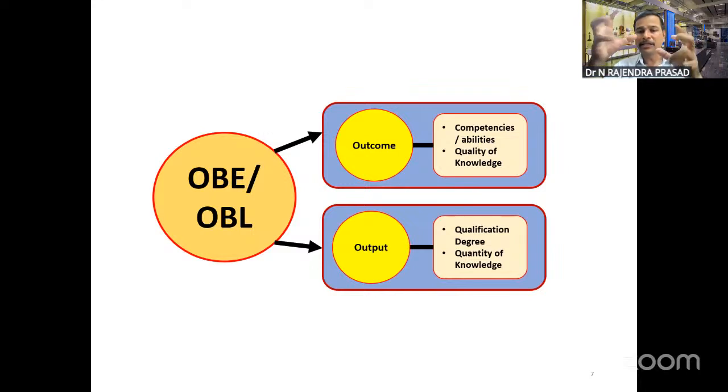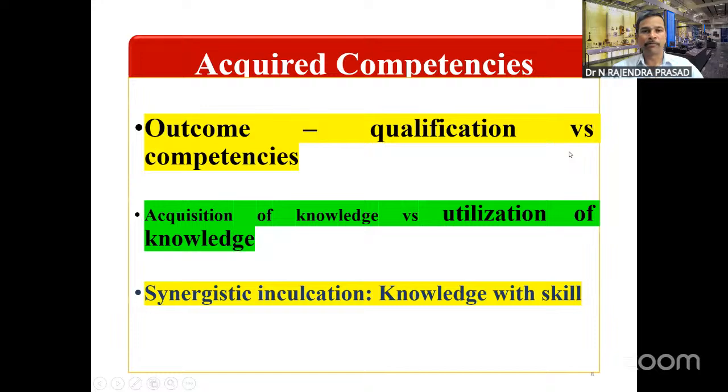Quantity of the knowledge is in the form of the marks. If you look at the marks card, 90% or the distinction indicated in the marks card, that is the quantity of the knowledge. This quantity of the knowledge is totally different from the quality of the knowledge. Quantity of the knowledge will not be useful when you compare it with the quality of the knowledge. This is the differentiation you must have.